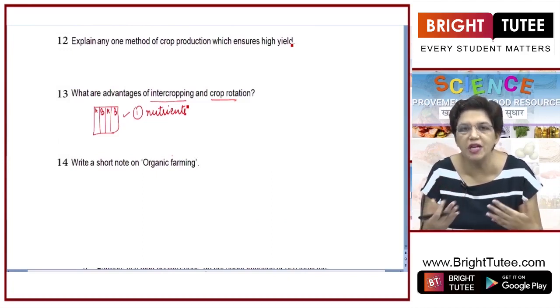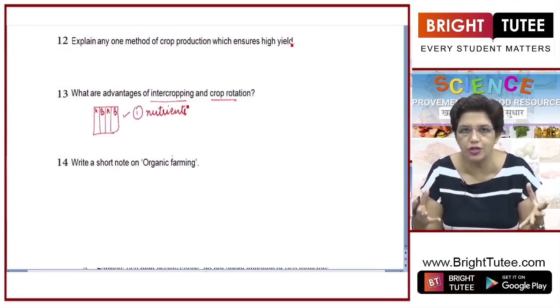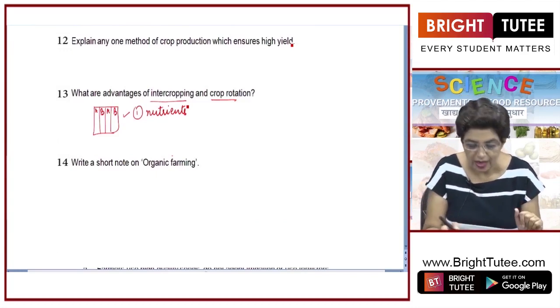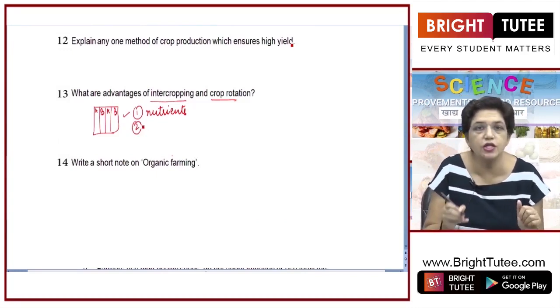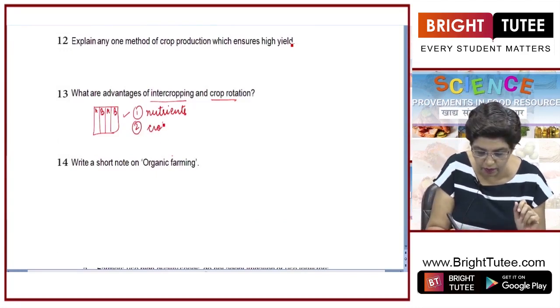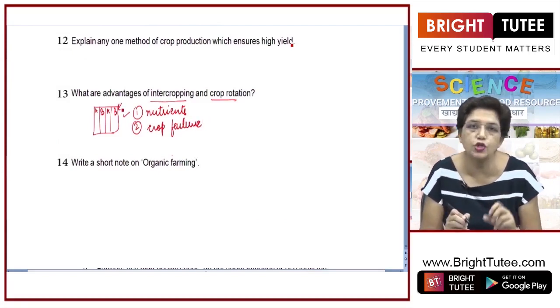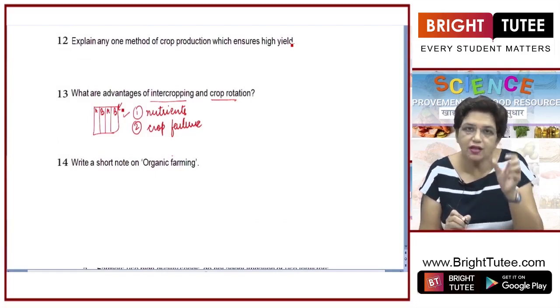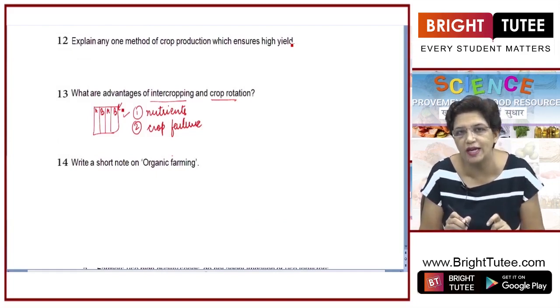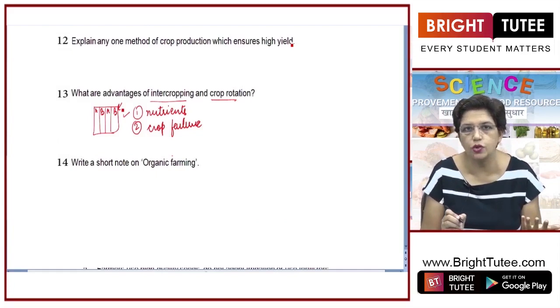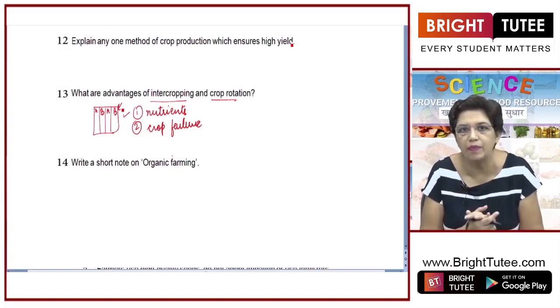So they do not compete with each other, and both of them will utilize the nutrients of the soil. And secondly, there is an insurance from crop failure. If an insect affects crop B, only this one row of crop B will get affected. It will not pass on to the next crop because there is a gap in between.